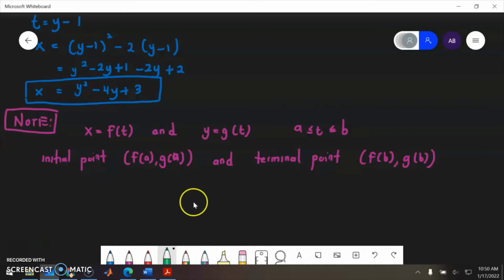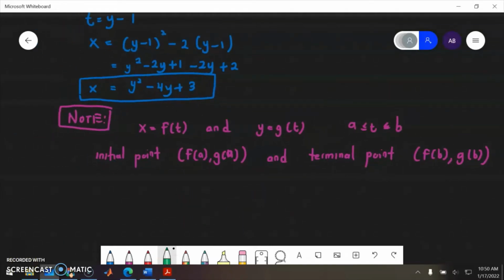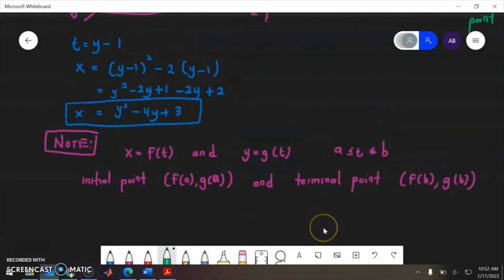Now let's look at a different example than sketching. The technique that we have shown here is also called eliminating the parameter. You eliminate the parameter from the set of parametric equations by writing one of the given functions in terms of t and then substituting into the other function. Remember that's how you can obtain the equation involving x and y.